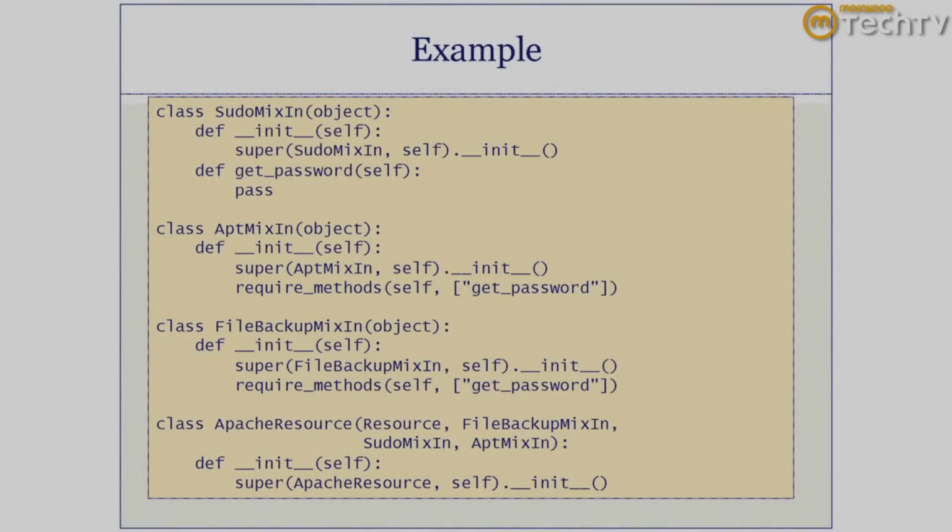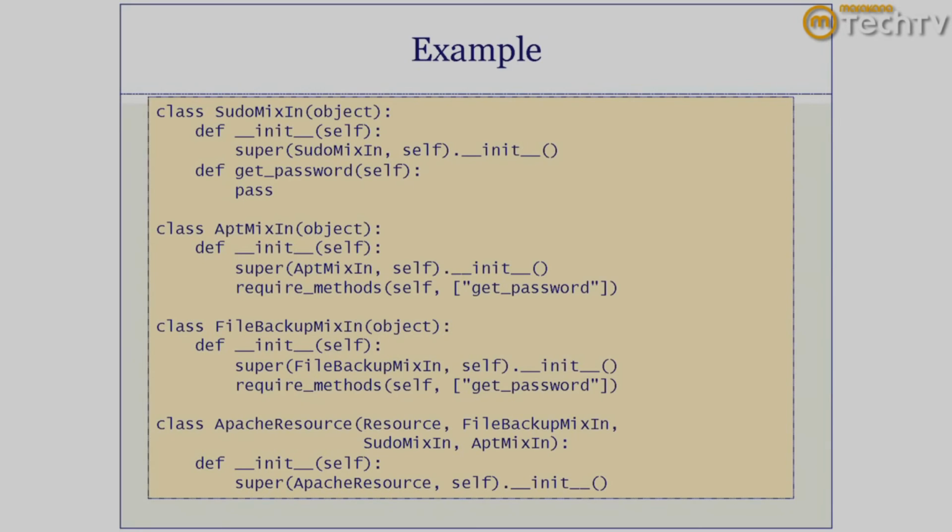If we look at this installer deployment tool example, here's where I solve my method resolution order by using this pattern. My sudo mixin is defining this get password method. And these other two subclasses need it.